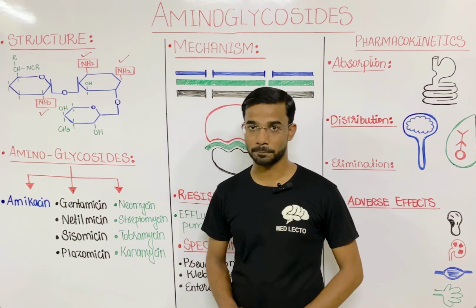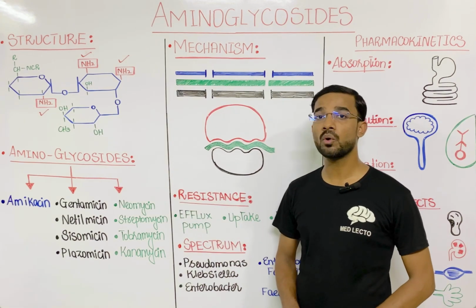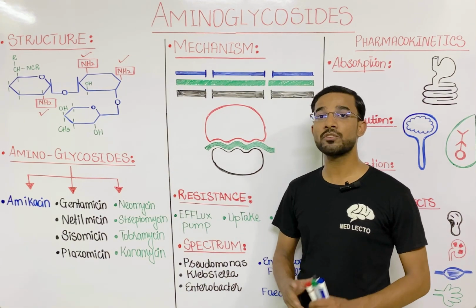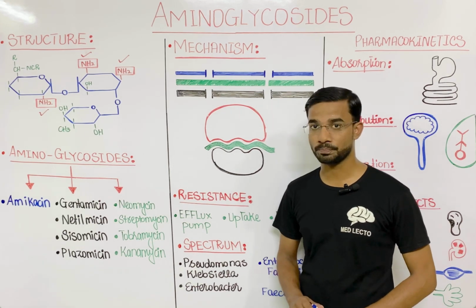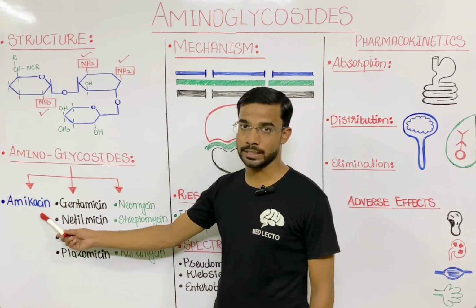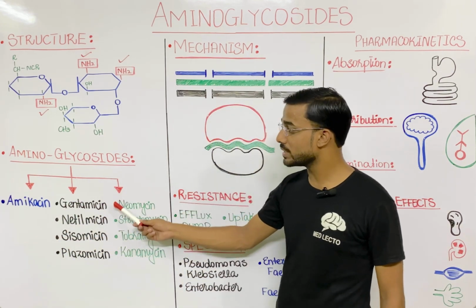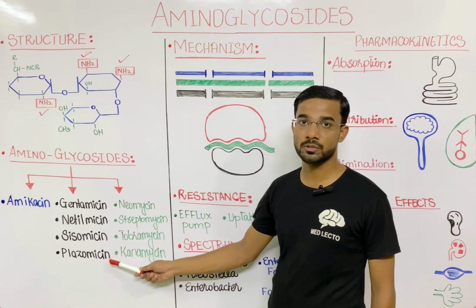If we look at the different types of aminoglycosides, we have categorized them into three groups. In the first group, you will see amikacin. In the second group, you will see gentamicin, netilmicin, sisomicin, plazomicin.